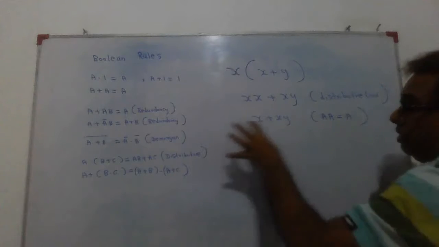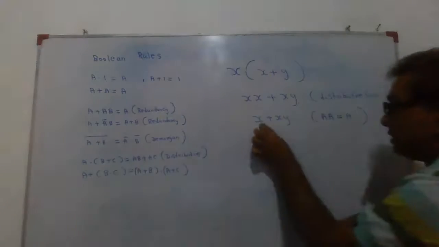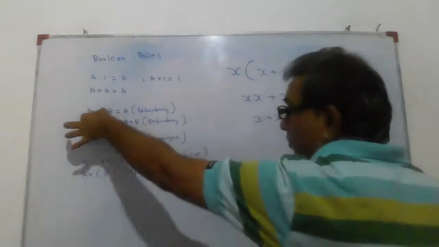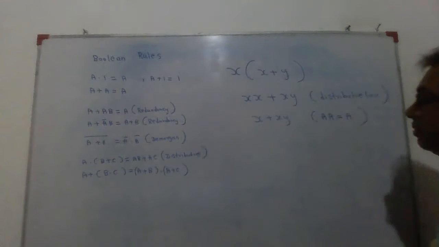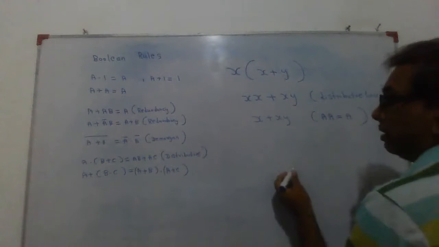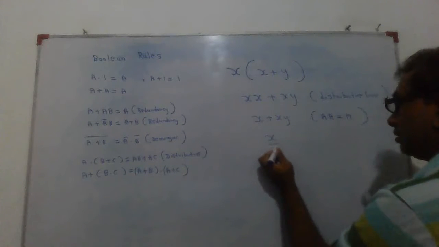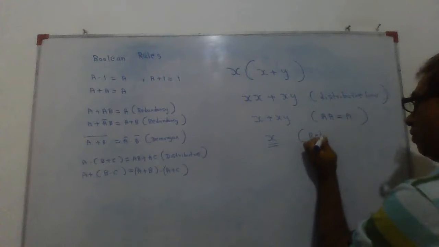Can you see the redundancy law again? A or (A and B), x or (x and y). The same rule can be seen with different term names. So we directly apply the redundancy law. The answer should be x because of the redundancy law.